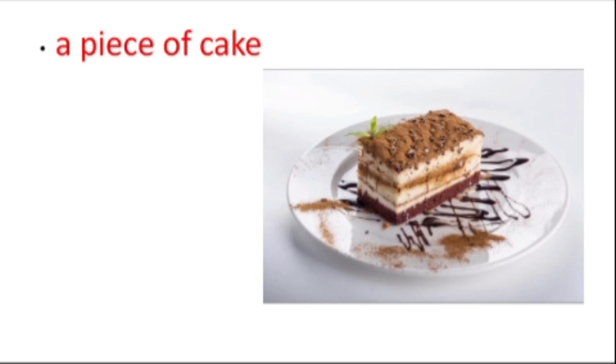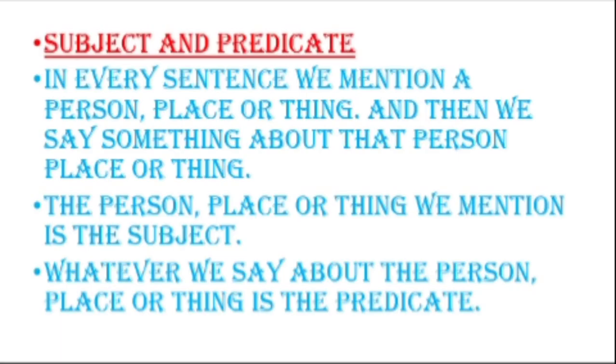It does not have a subject, it does not have a verb, and it doesn't make a complete sense. So it is known as a phrase. So have you all understood? Yes. So students, I think now you are clear with what is a phrase. Okay, now let's move further. Next we are going to learn about subject and predicate.